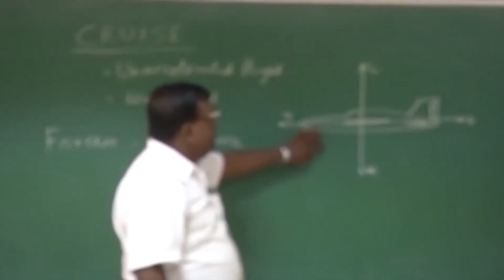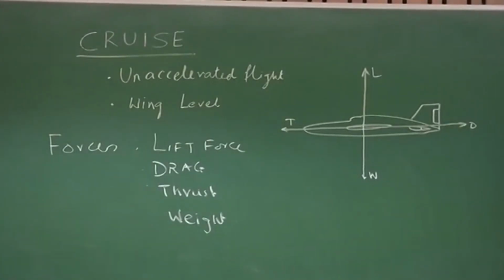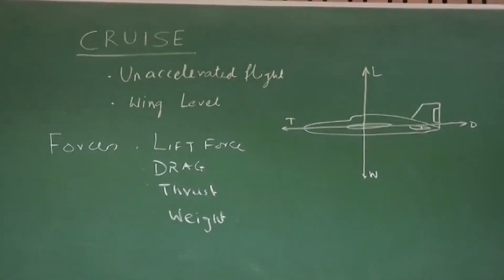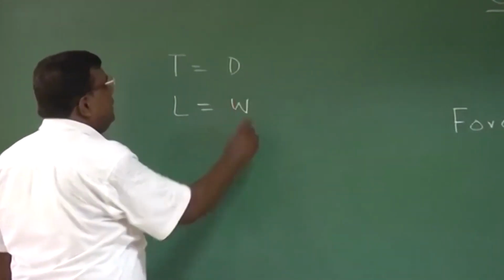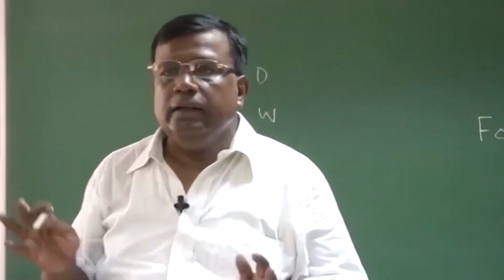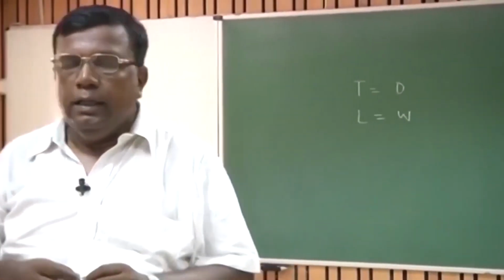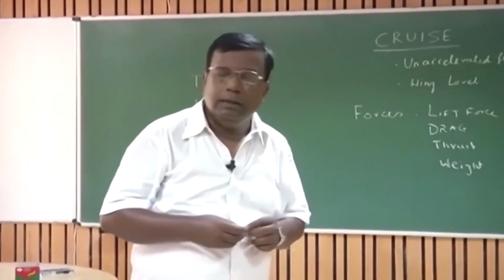If I now come back to this diagram, if this aircraft is really going in an unaccelerated flight, then I can write thrust equal to drag and lift equal to weight. Let us also remember one thing. A designer will design an aircraft, but who will be flying it? A human being, a pilot.